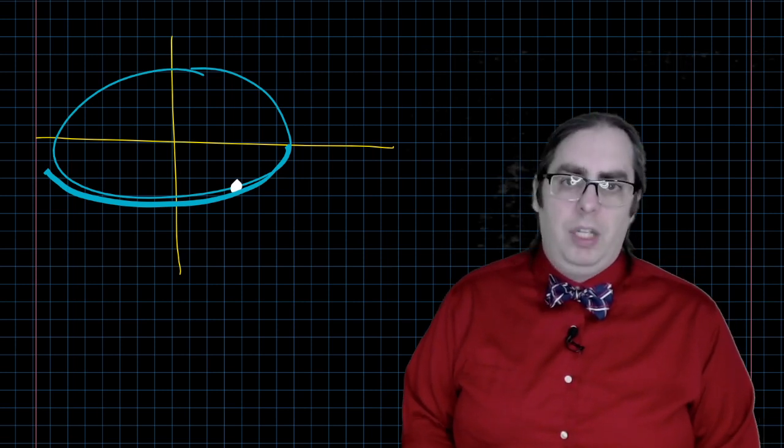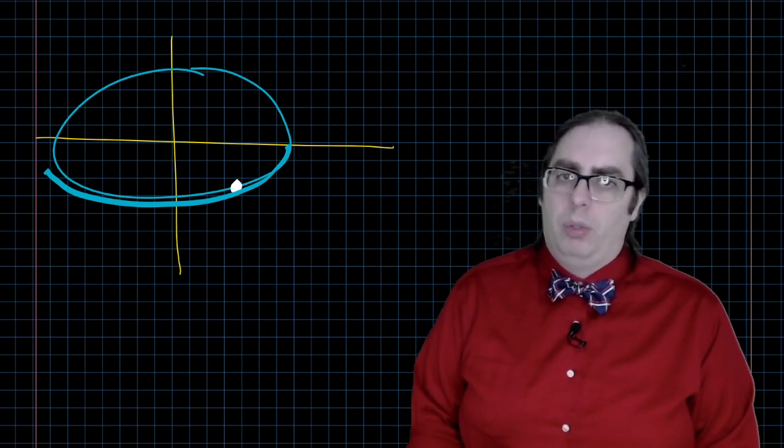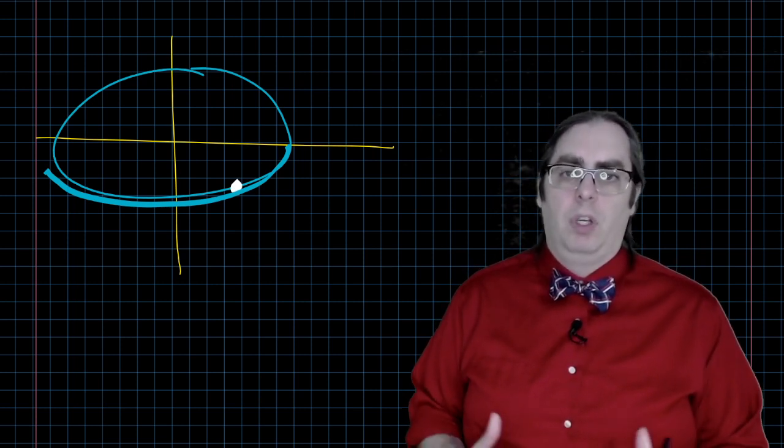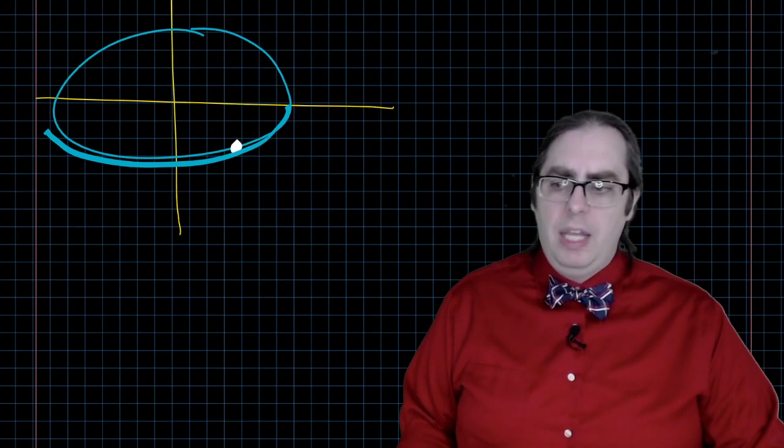For the rest of this video, I want to remind you, or maybe introduce you, to a couple of common graphs that are not functions that tend to show up whenever we're talking about implicit curves. They are the conic sections.